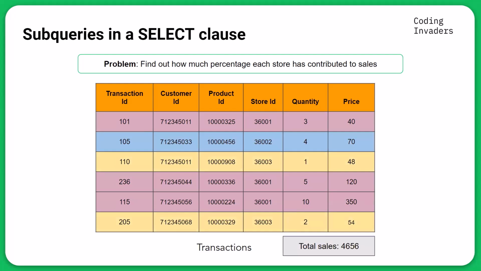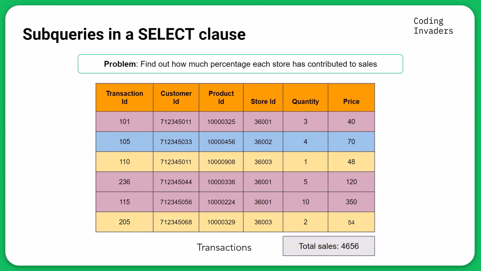Now we need to find out the contribution to the sales. So currently in our entire table, the total sales is 4656. And how did we get that? As I said, the price column is for per unit or per quantity. So let us take the first row. So the first row, the first transaction, the total sales is 120.